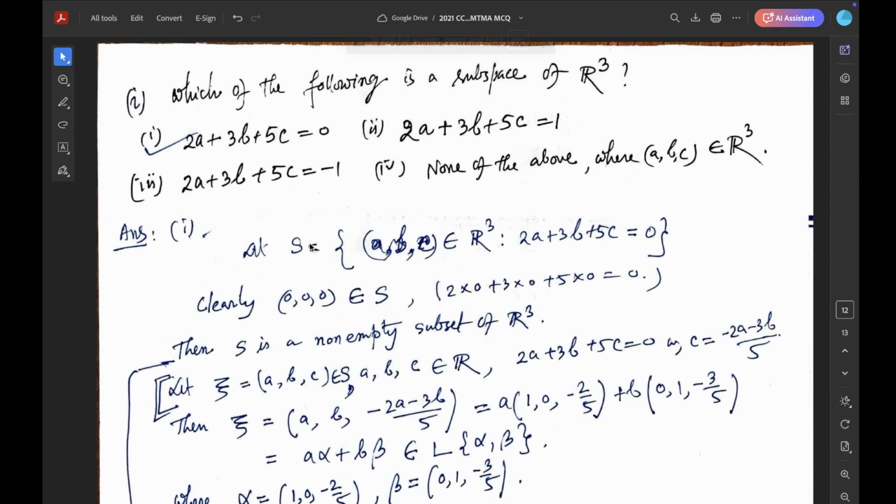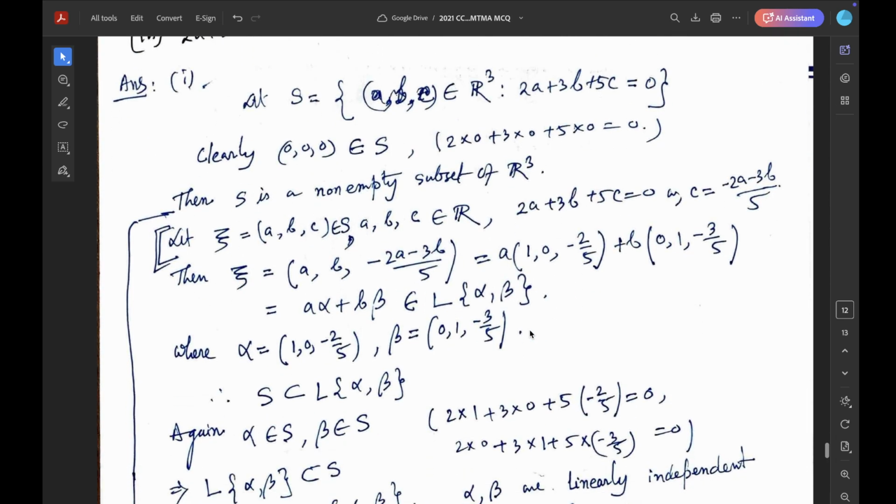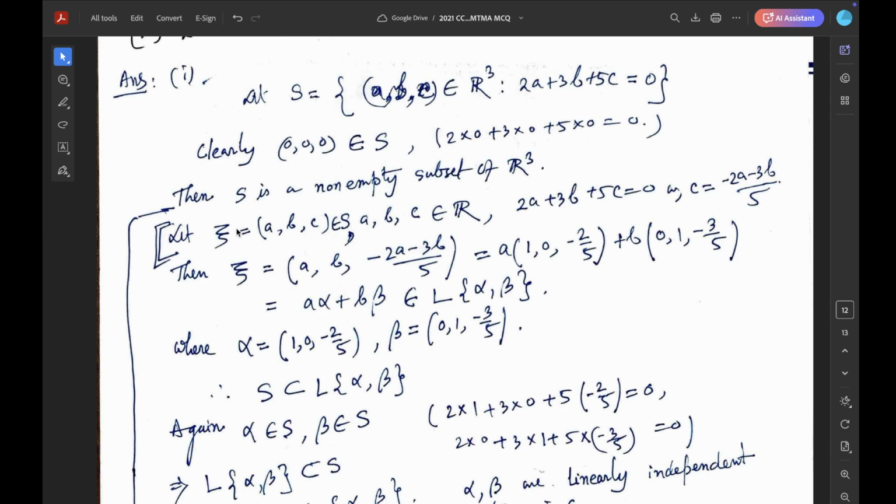Let S be the set of all ordered triplets (a, b, c) belonging to R3 such that twice a plus 3b plus 5c is equal to 0. Clearly, the ordered triplet (0, 0, 0) belongs to S, so S is a non-empty subset of R3. Now let xi equal (a, b, c) belong to S, with a, b, c in R and 2a plus 3b plus 5c equal to 0, so c equals minus (2a plus 3b) by 5.